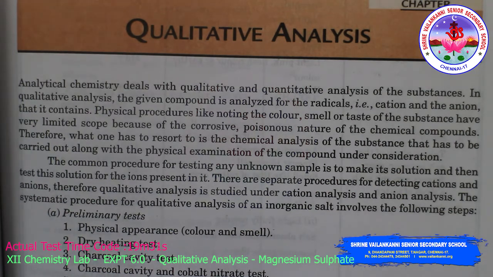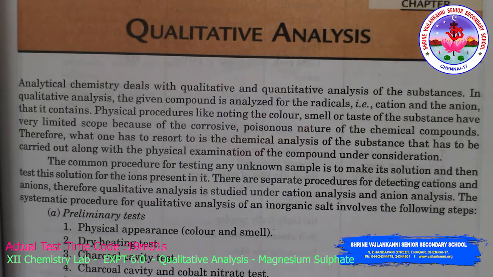You must memorize the systematic analysis, that is the general procedure, then you can do the reactions accordingly. The systematic procedure must be written, and the observation and inference must be recorded, followed by reporting the acid and basic radicals analyzed at the end. So this is qualitative analysis.